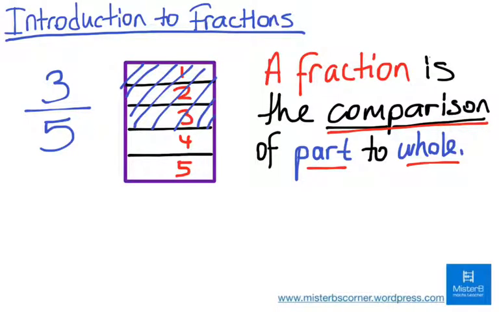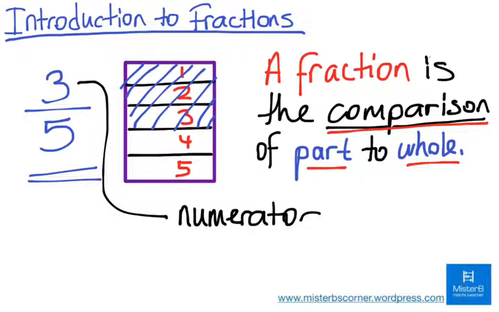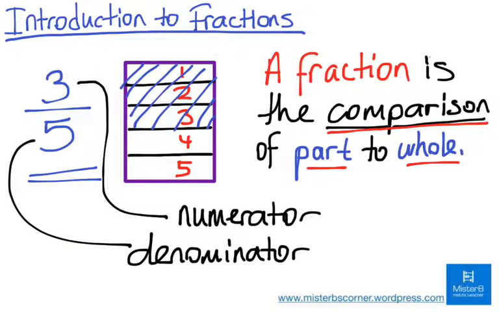So this is what we say a fraction represents. But as I said before, the number at the top might be bigger. Now, the number at the top is called the numerator, and the one at the bottom is called the denominator.